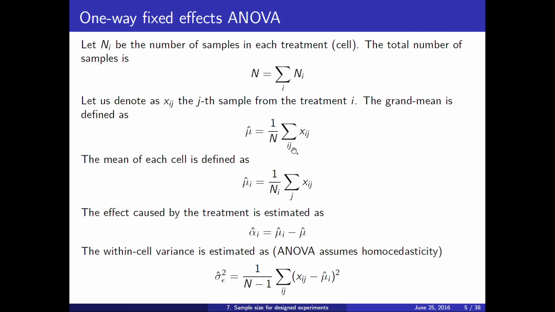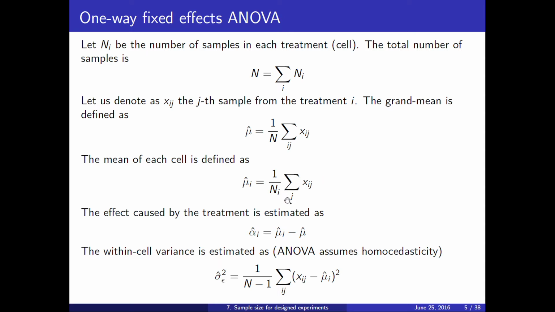And here is a little bit of reasoning of how we will analyze the data. So first we will compute the overall mean. So that is summing all our observations and dividing by n. Then we will compute the mean of each one of the cells.